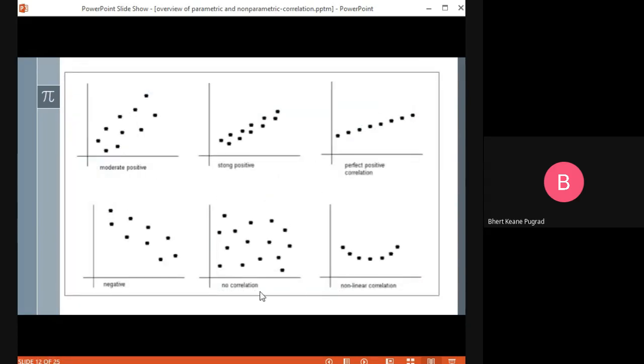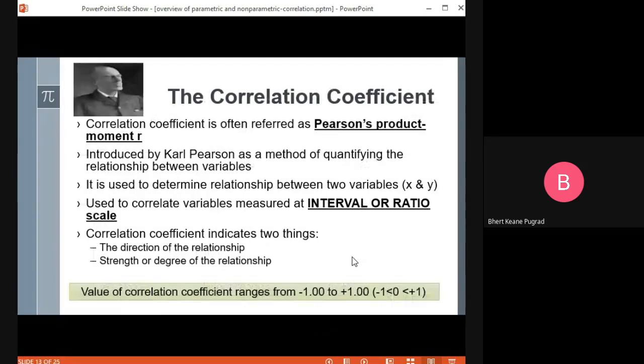Kapag ganito naman yung result ng inyong scattergram, that's your no correlation kasi there's no pattern that could be appreciated in the plots. But if your correlation appears to be a U shape or a bow shape, whether open, concave, or convex, then there's nonlinear correlation.